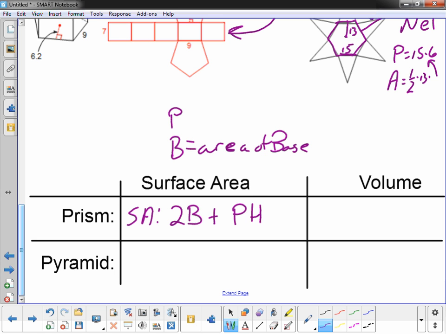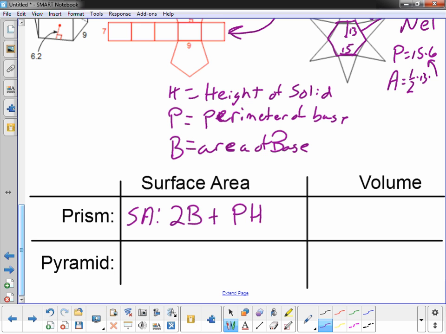So P is the perimeter of the base, and H is the height of the prism. I'm going to say of solid, because that'll play in over here. Okay, so the surface area of any prism is 2 times the area of the base, whatever the bottom is, because there's 2 of those, plus the perimeter of the base times its height.